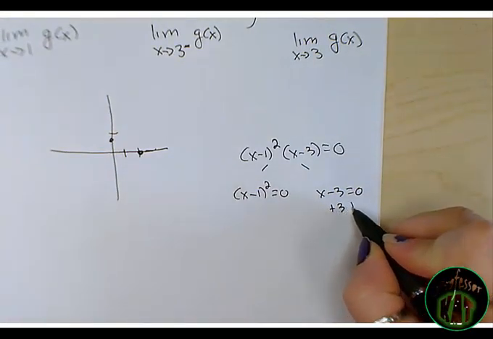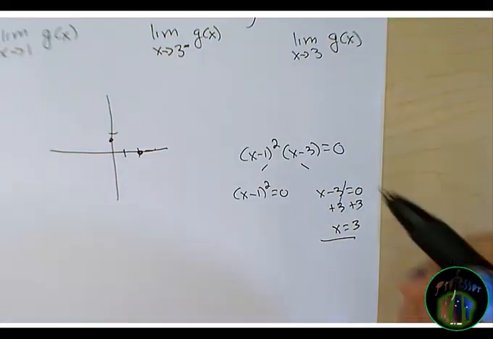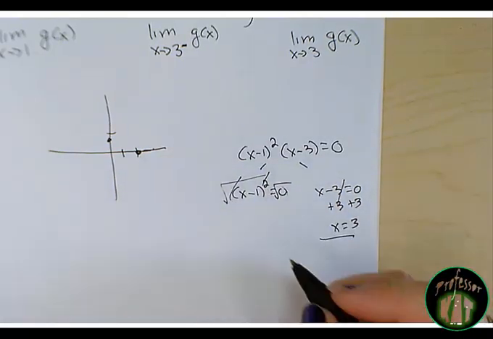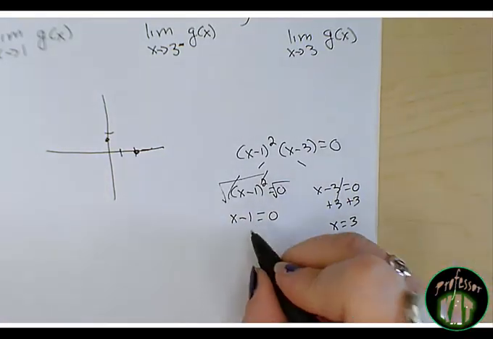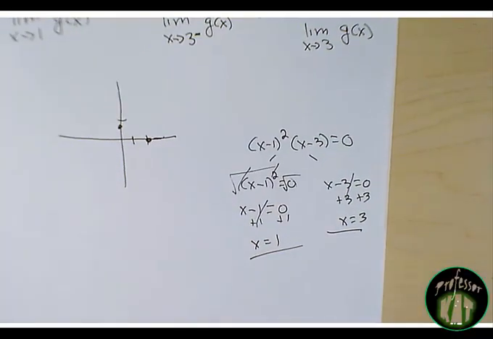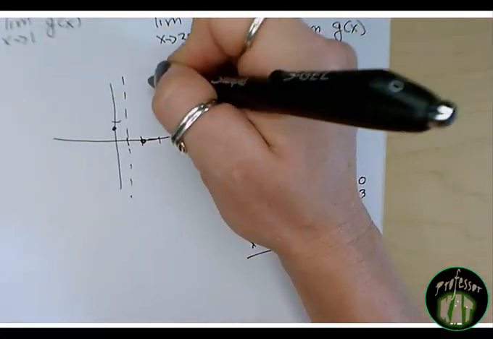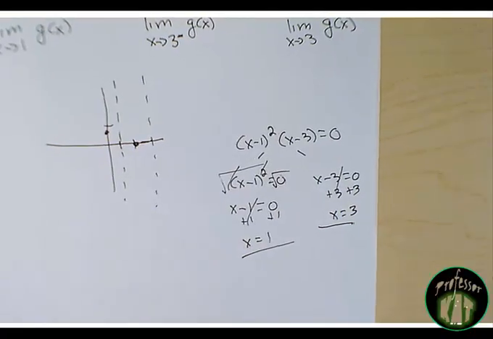So I'm just going to add 3 on each side over here, and I get that x is equal to 3. For this one here, get rid of that square by taking the square root of each side so that we can drop down that x minus 1, and it equals 0. Add 1 on each side, and x is equal to 1. This tells me that I have a vertical asymptote at 1. I also have a vertical asymptote at positive 3.